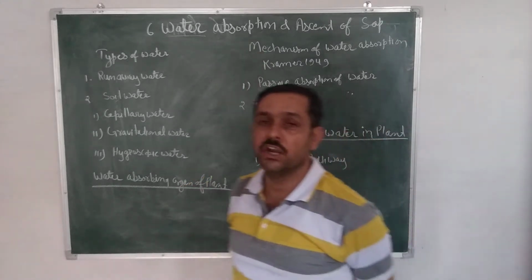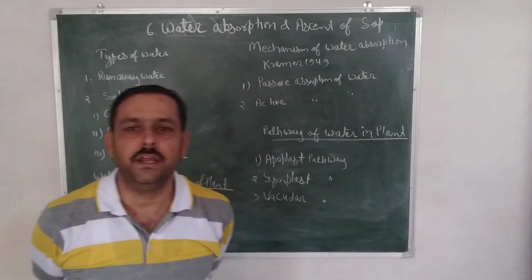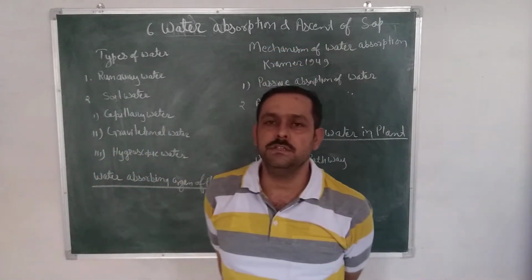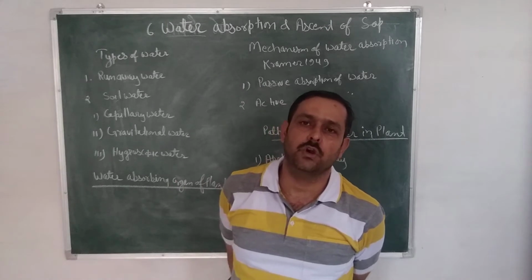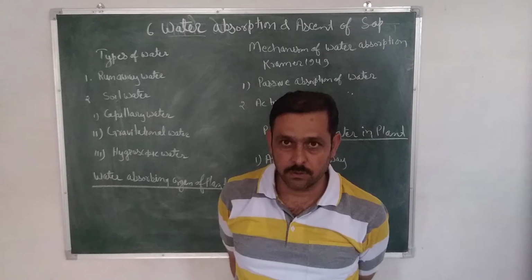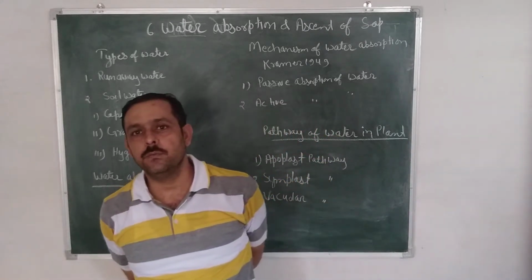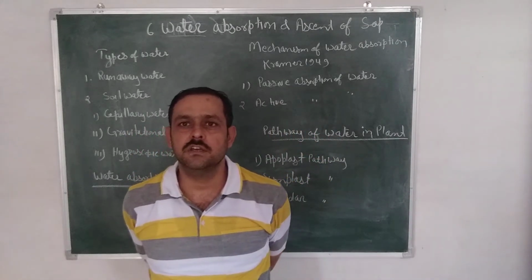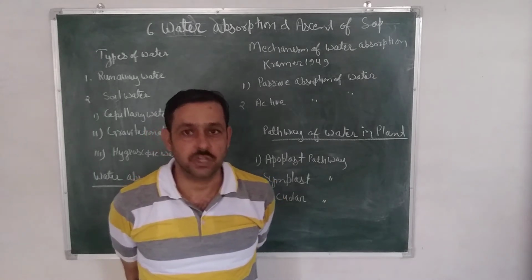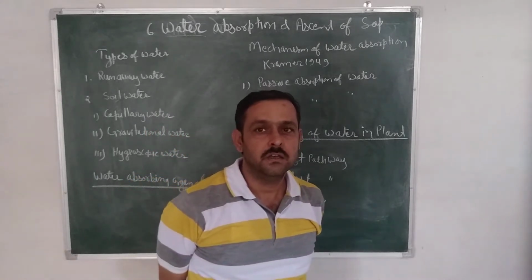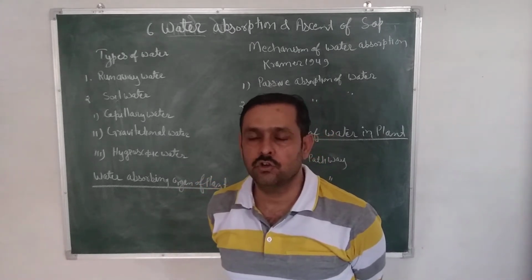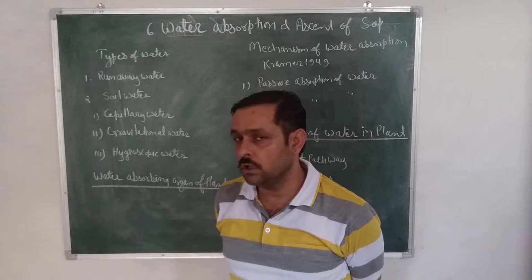Absorption means intake of water by the plant, and ascent of sap means reaching of water to its main functional organ, the leaf, because as we know, the leaf is the organ which makes food by photosynthesis, and it needs water and carbon dioxide to make its food.